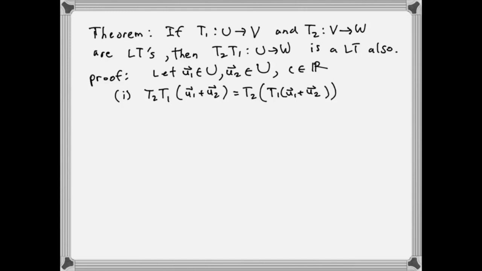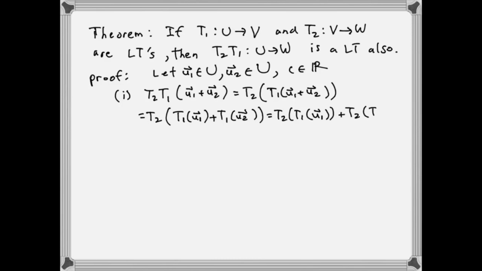But because T1 is a linear transformation, this is actually the same as T1 of U1 plus T1 of U2. But now, because T2 is a linear transformation, this is the same as T2 of T1 of U1 plus T2 of T1 of U2.